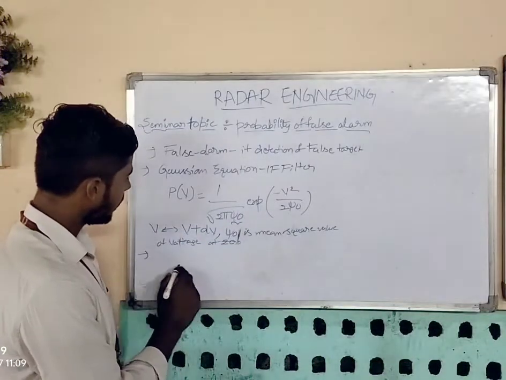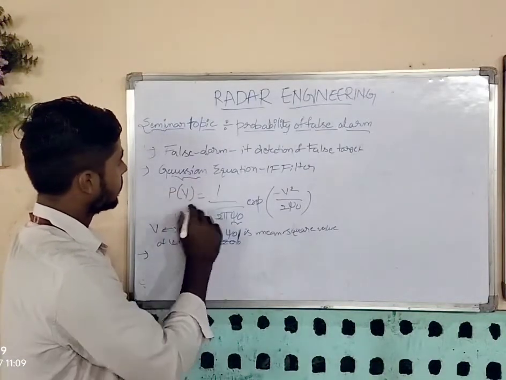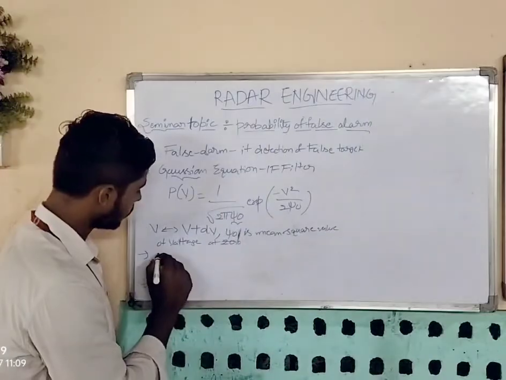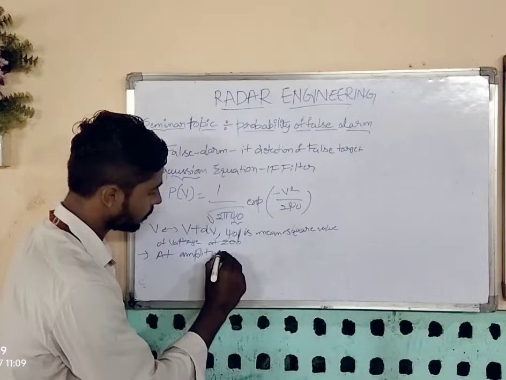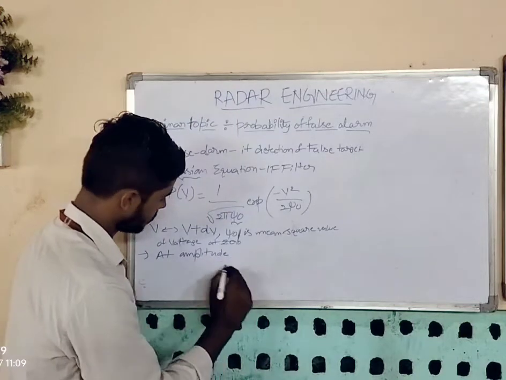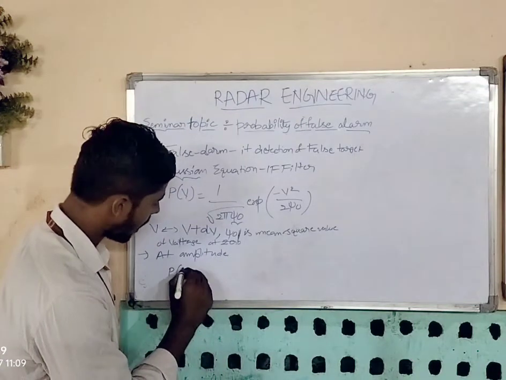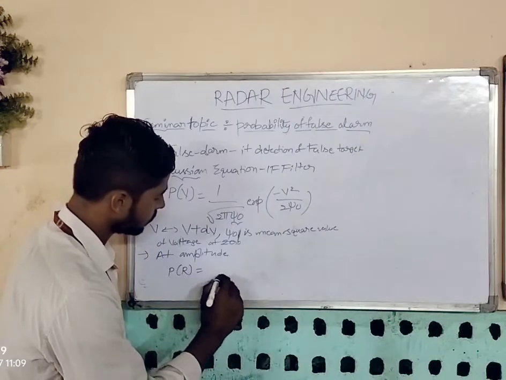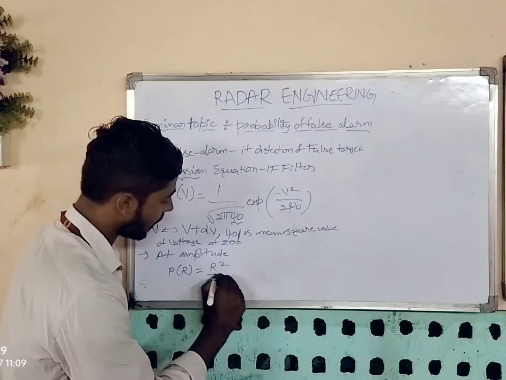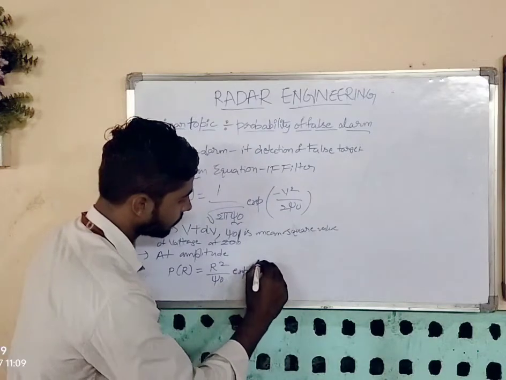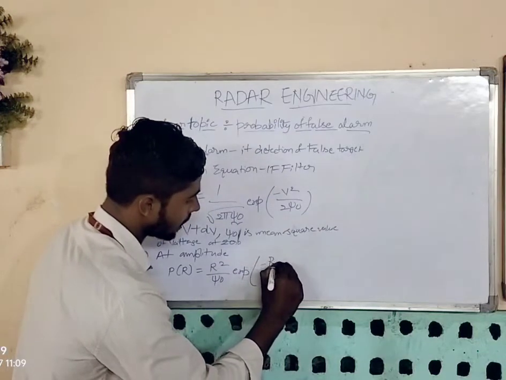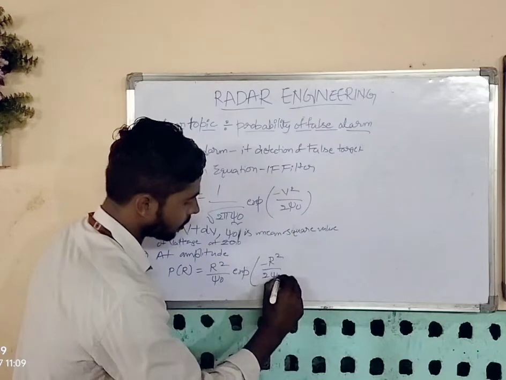In order to modify this Gaussian equation in terms of amplitude, based on amplitude, it gives P of R is equal to R by psi naught, exponential of minus R square by 2 psi naught.